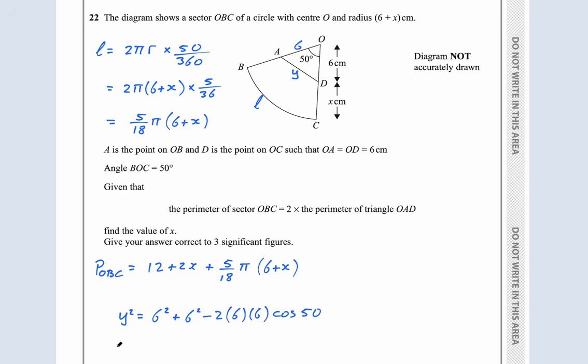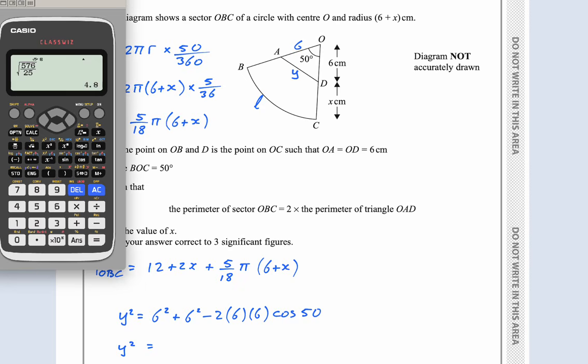So y squared equals 6 squared plus 6 squared minus 2 times 6 times 6 times cos 50.